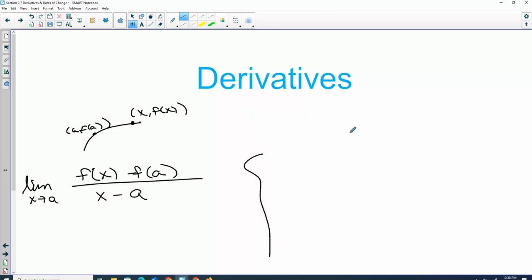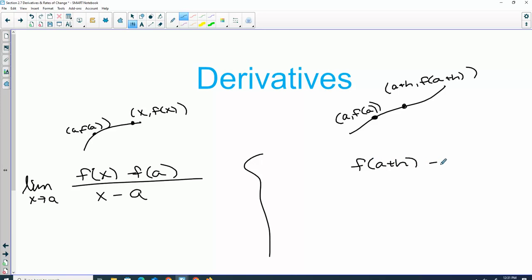Definition 2 said another way to think about it is if I want the slope of the tangent line at this particular point, a, f of a, you could take another point where it's just a plus a little bit, and you have to plug that in to get the y. So the slope, y2 minus y1 over x2 minus x1.